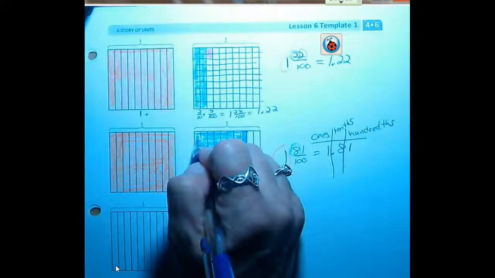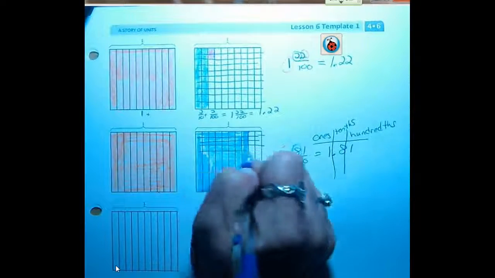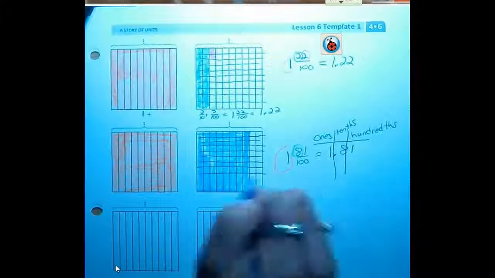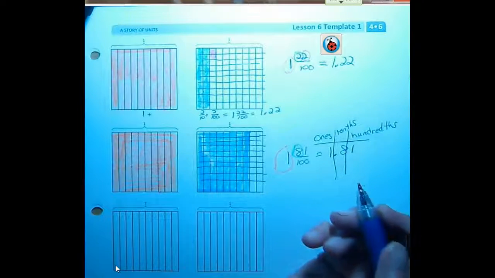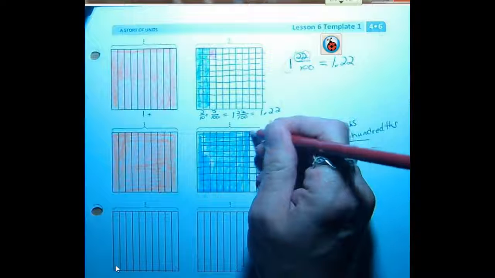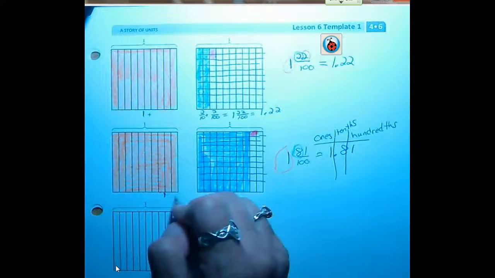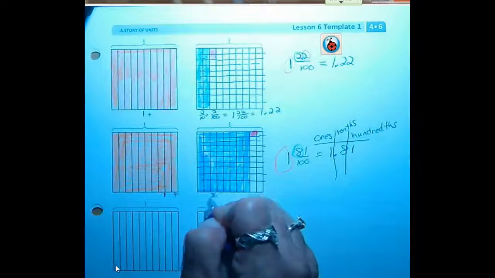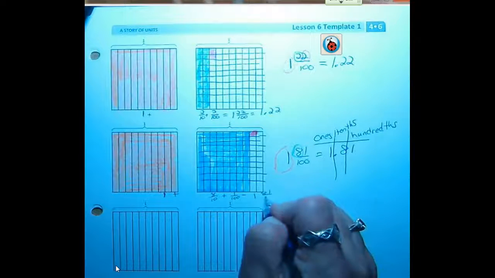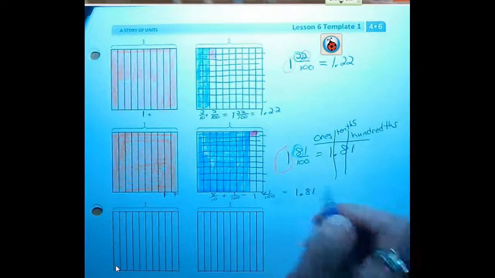So I'm going to go ahead and make my hundredths boxes: 2, 3, 4, 5, 6, 7, 8, 9, 10. A little bit uneven, but you get the idea. And then I can shade in one of the hundredths. So then this equals 1 plus 8 tenths plus 1 hundredth, which equals 1 and 81 hundredths, or 1.81.